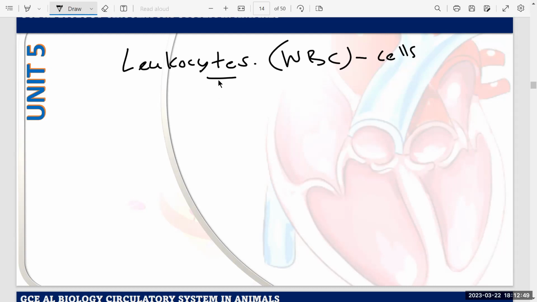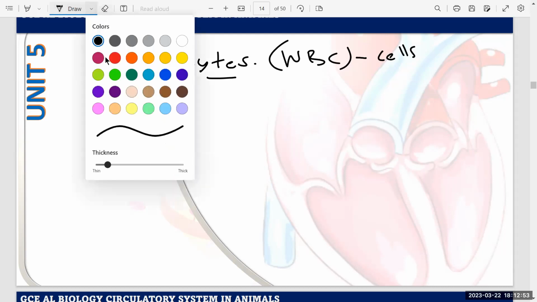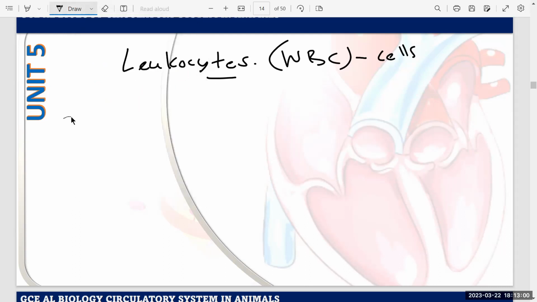Okay, in short, there are cells in this category. These cells are very special. These cells have a special nucleus. The nucleus is like this, it divides into compartments.